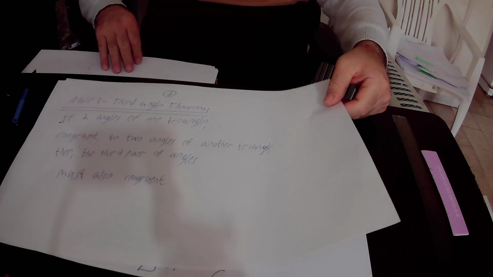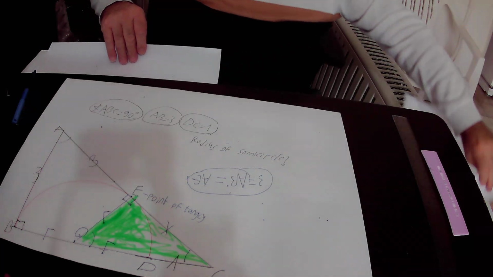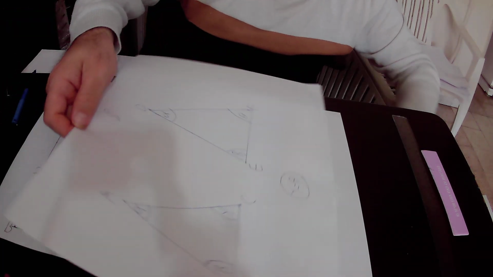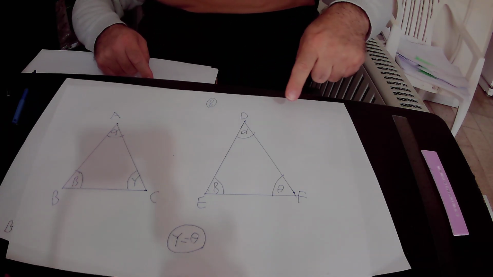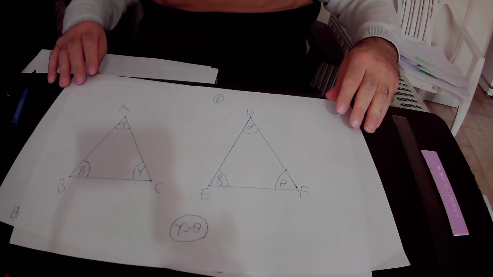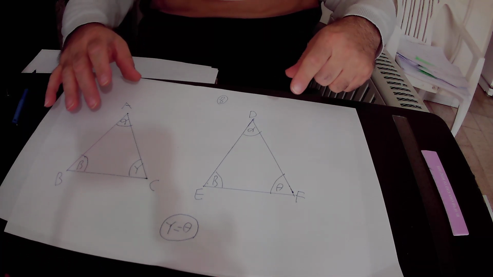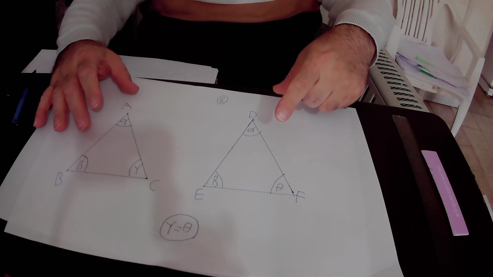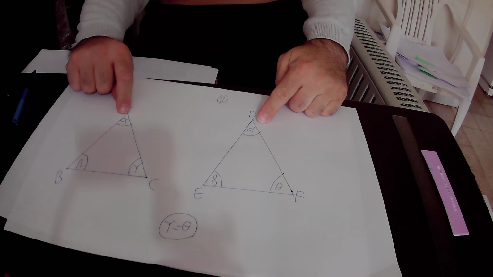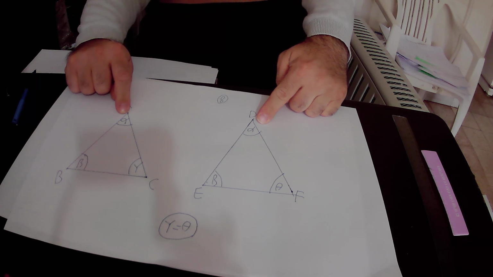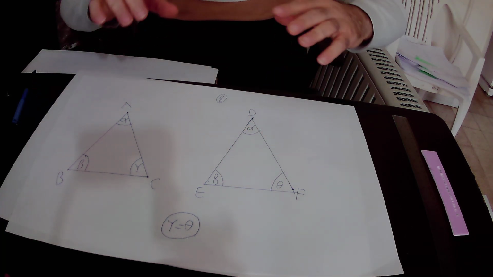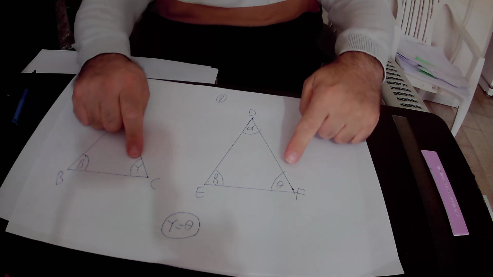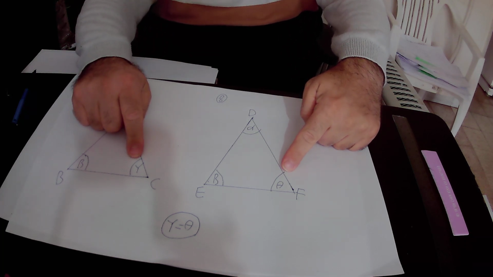So what is the meaning of the third angle theorem? It means that if you have two triangles, triangle ABC and triangle DEF, and those two triangles have two pairs of angles that are congruent to each other, this is the first pair and this is the second pair, then the third pair of angles must also be congruent, that is to say, angle gamma must equal angle theta.